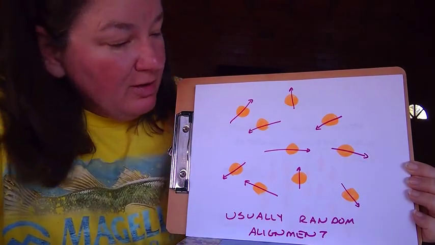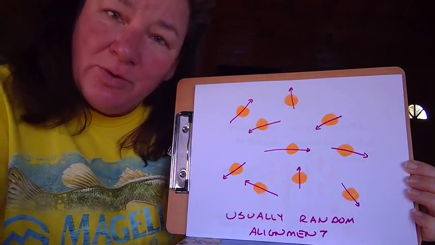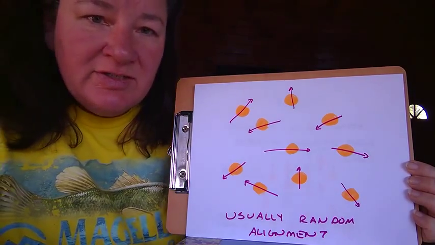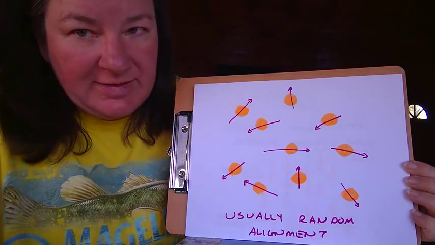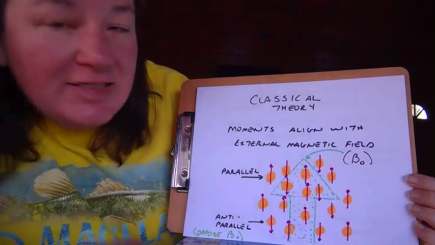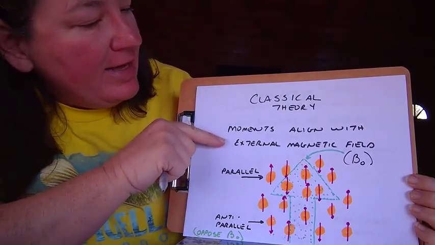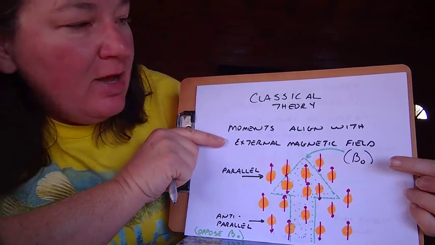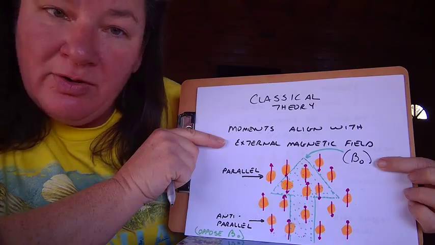Now, usually, most atoms are kind of chaotic, sort of like Grand Central Station, all over, everywhere, moving in different directions, different spaces, all over the place. Now, let's change up the mix. Let's add an external magnetic field, which is going to be represented from here on out by B naught.